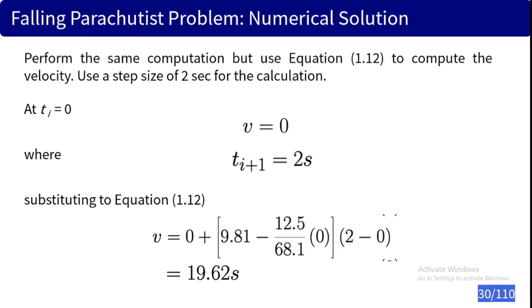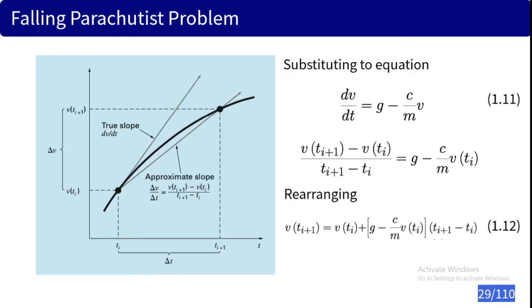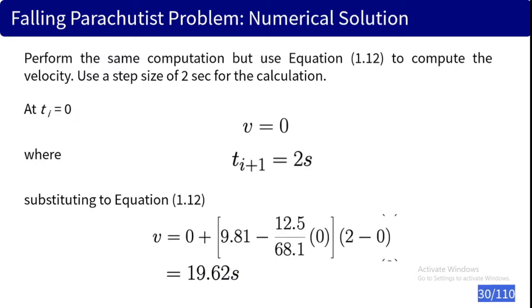So we use a numerical technique, using equation 1.12 with steps of 2 seconds to solve for the velocity. Since our start, the initial time, is equal to 0, the initial velocity is 0.